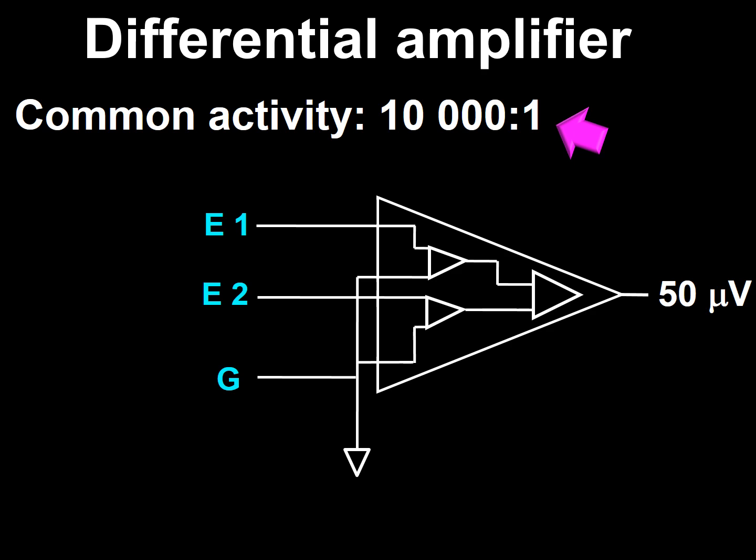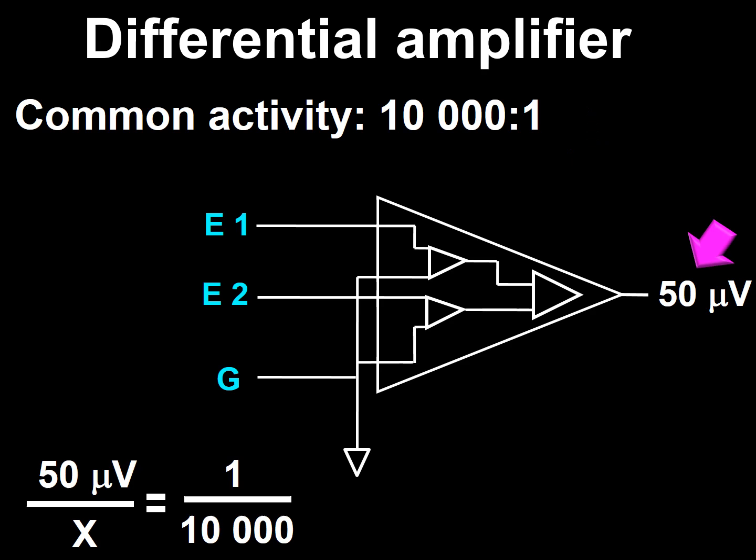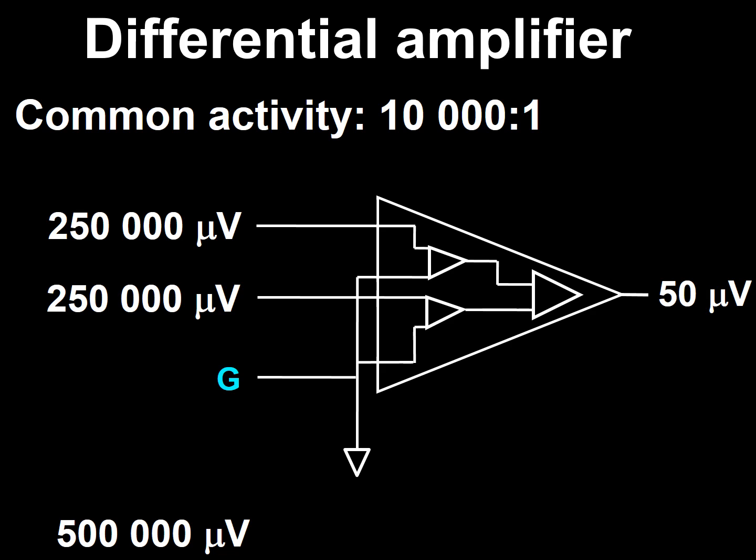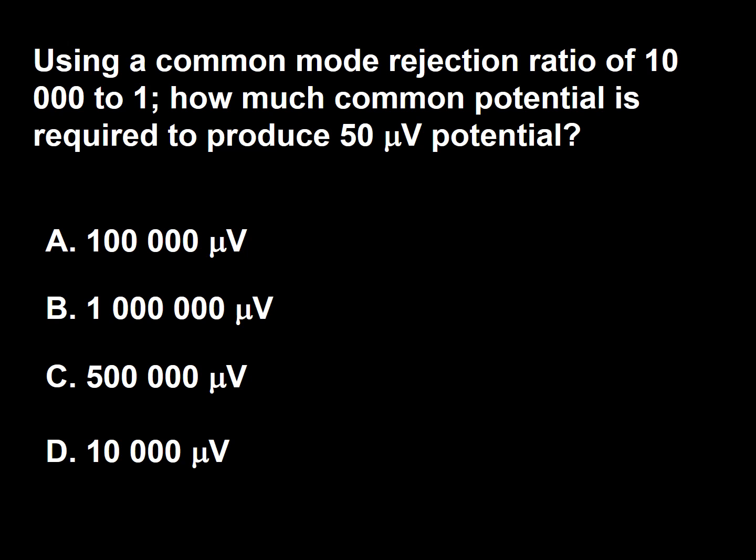Using a common mode rejection ratio of 10,000 to 1, an output signal of 50 microvolts would require a total of 500,000 microvolts common mode signal coming into the differential amplifier. So the answer to this question is C.